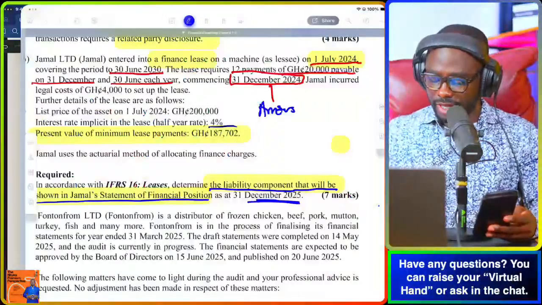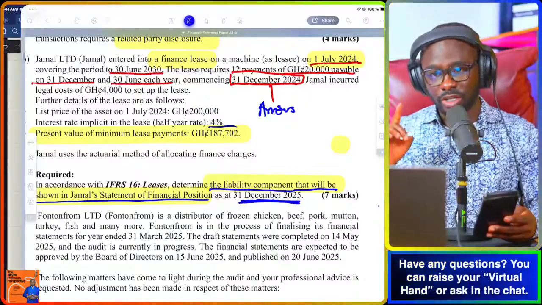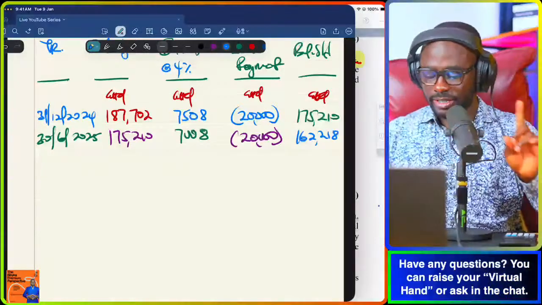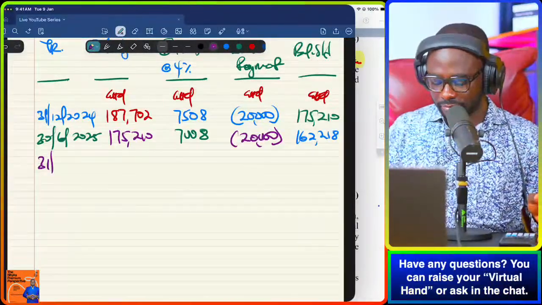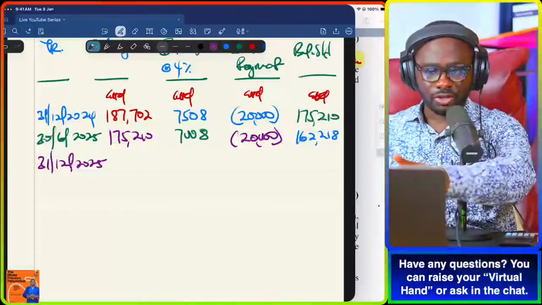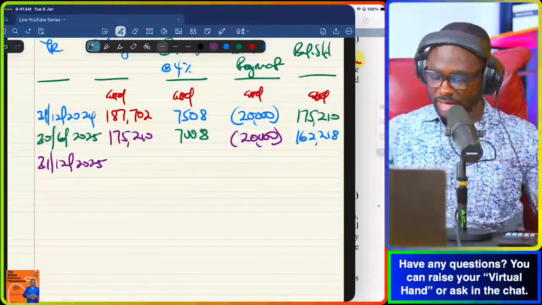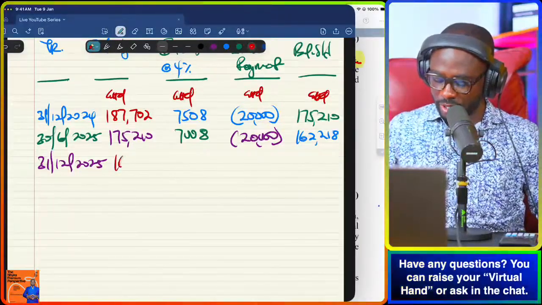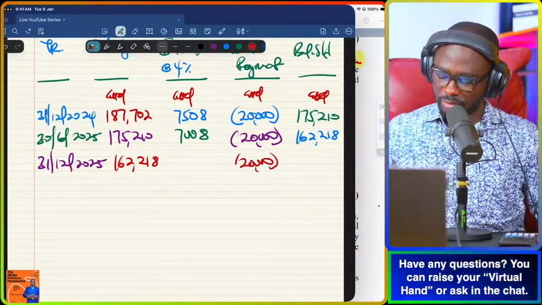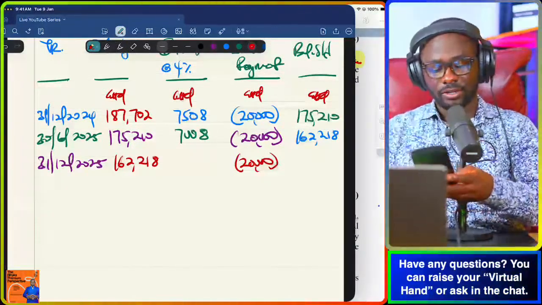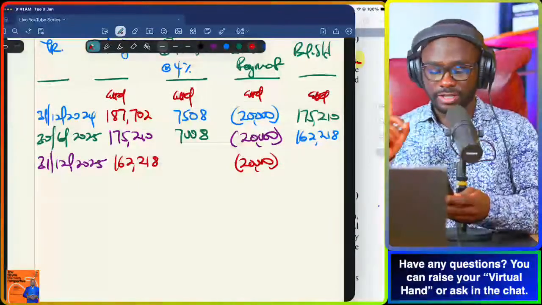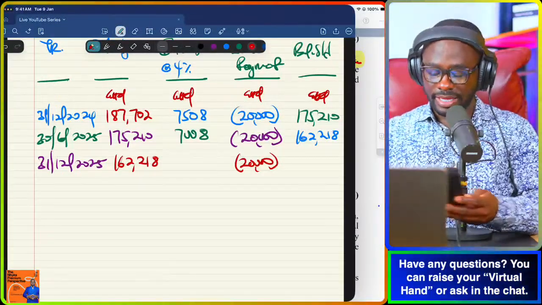Remember, you are working for the year ended 31st December 2025. We are now at June 2025, so the next one is 31st December 2025. So the closing at June 2025 will come as the opening here, 162,218. We're still going to make our lease payment, 4% on that, and that is 6,489.